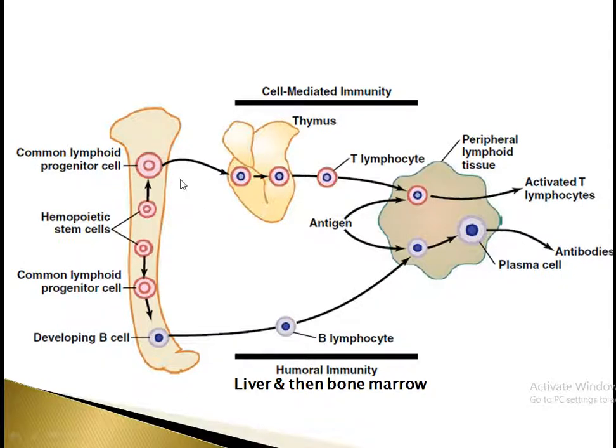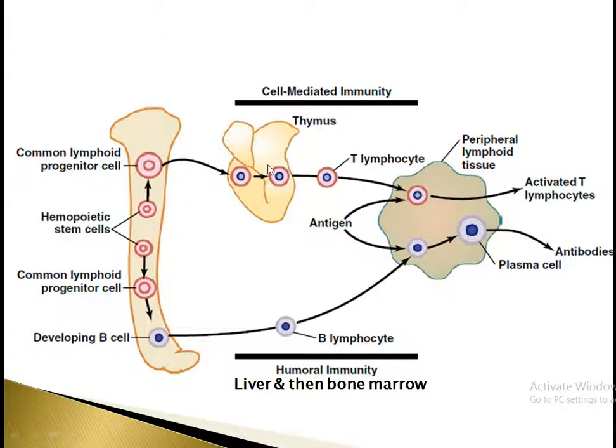T cells: some of these cells go to the thymus, and because of that they are named as T cells. Some of these cells, initially in fetal life, develop in the liver and then the bone marrow, and those become B lymphocytes.